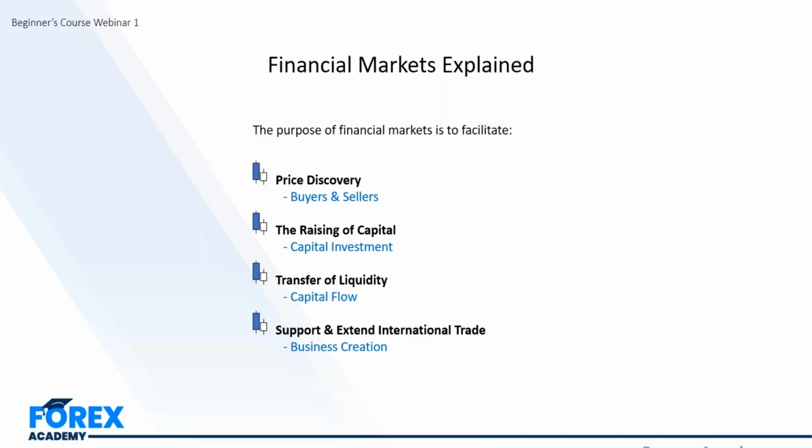The transfer of liquidity, again, we've seen capital flow. It happens all the time through economic areas, from America over to Europe, a change of euros to dollars. As global business and international trade continues to grow, we see this transfer of liquidity increase paramountly, and it helps facilitate the reasoning behind financial markets.